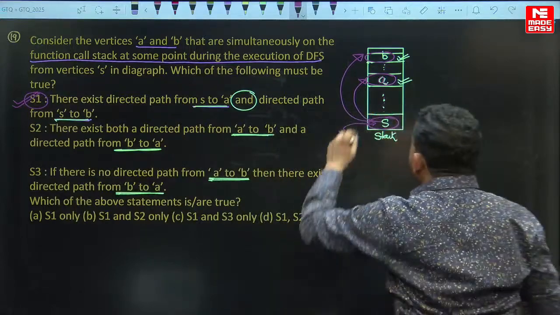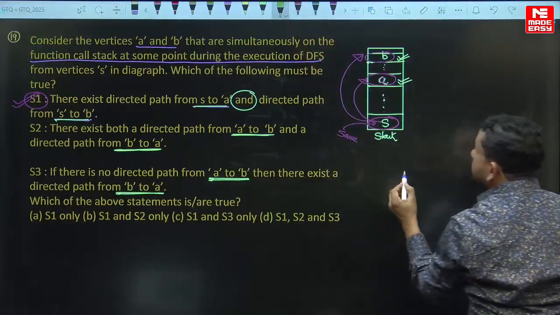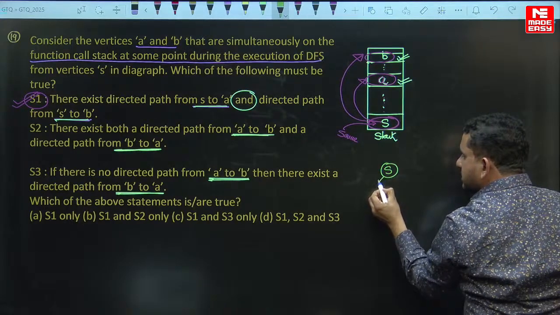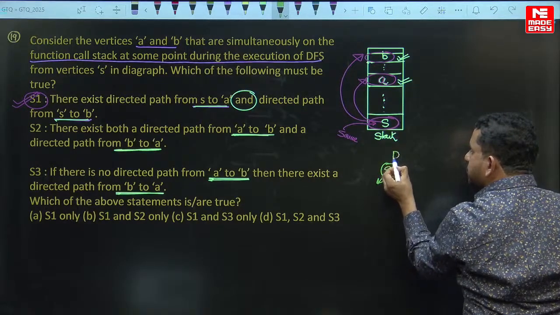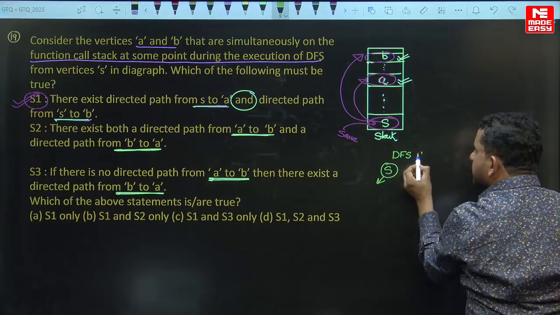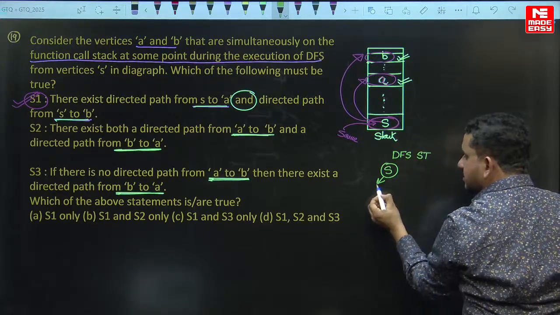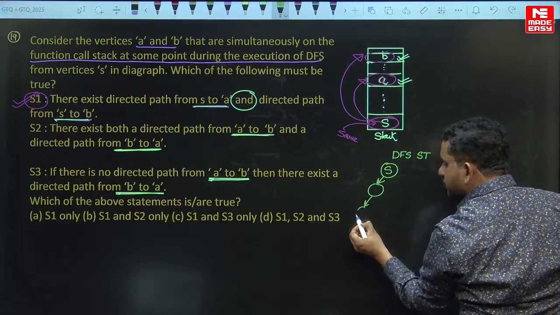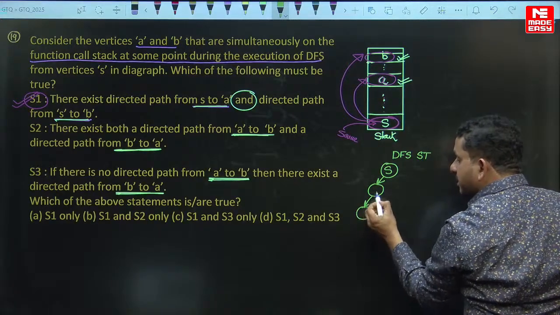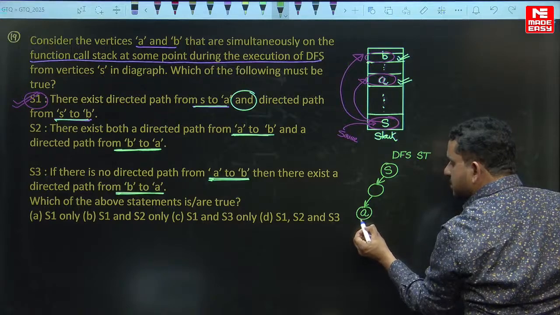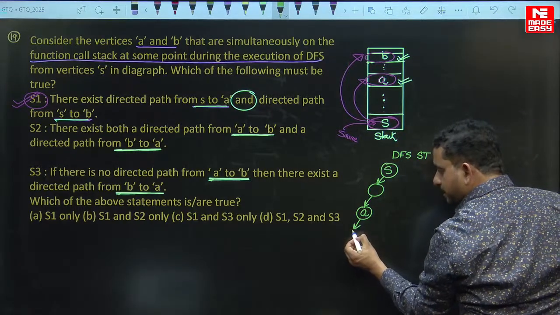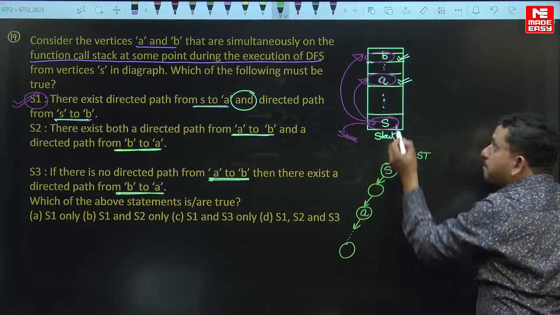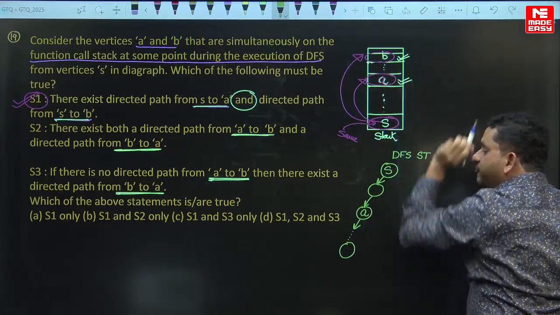So it is something like this. S is started and added into the DFS spanning tree, which should look like this. S is added, then some adjacent vertex is visited. Assume A is visited at one of these positions, and before A is popped, B is visited.